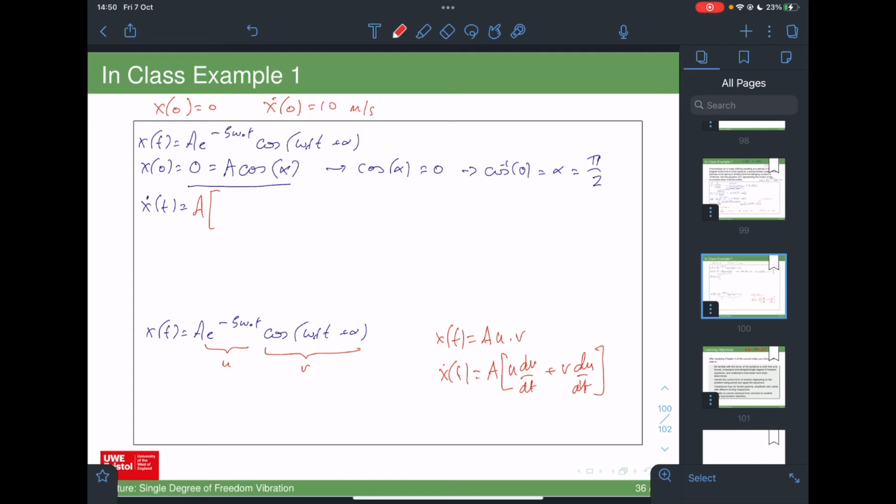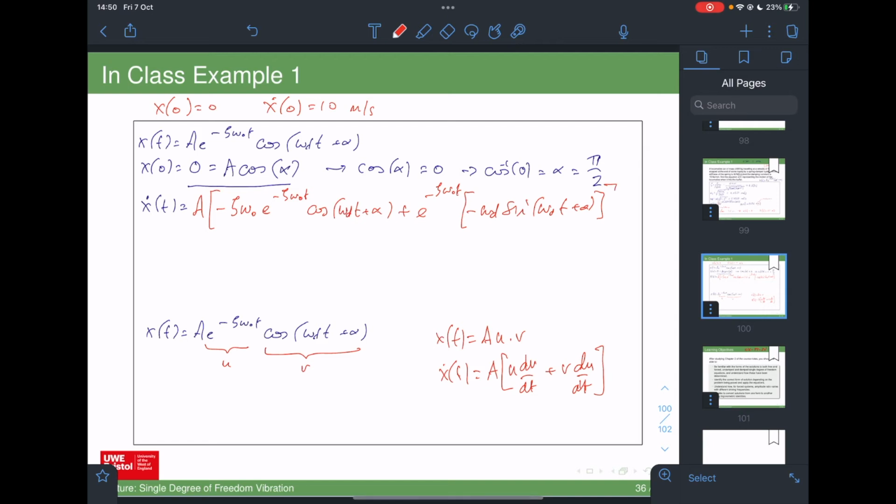U dV, so I'm going to go for, well, in fact I'm going to do V du first. I've got minus zeta omega naught, e to the minus zeta omega naught t, cosine of omega d t plus alpha. Okay, and then I've got plus V du, so I've got e to the minus zeta omega naught t times by minus omega d sine of omega d t plus alpha.